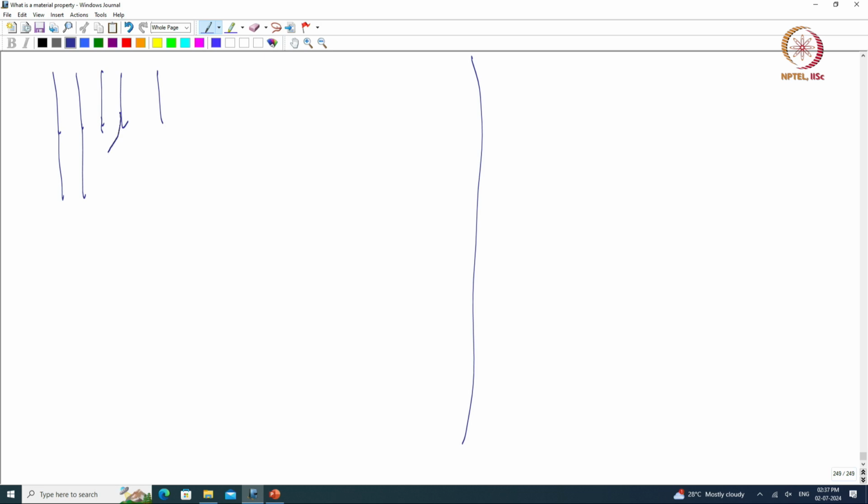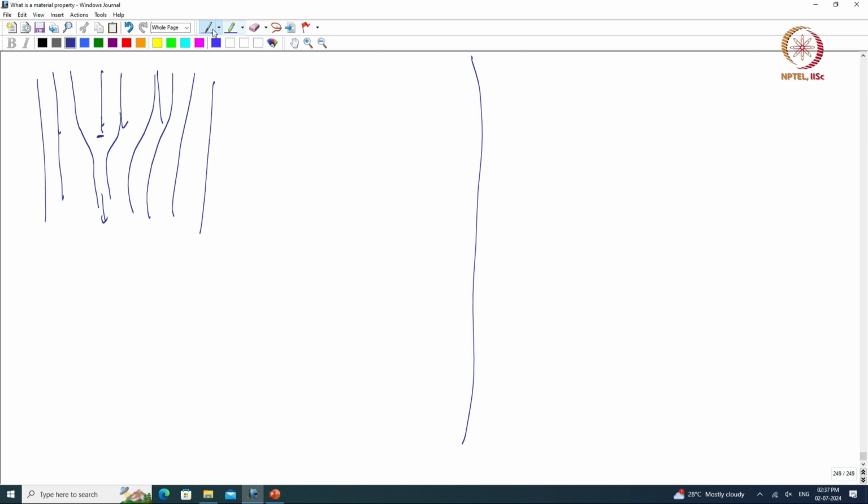Then I have something which is missing. So, what I have here is this missing half plane, and the boundary of that, right.